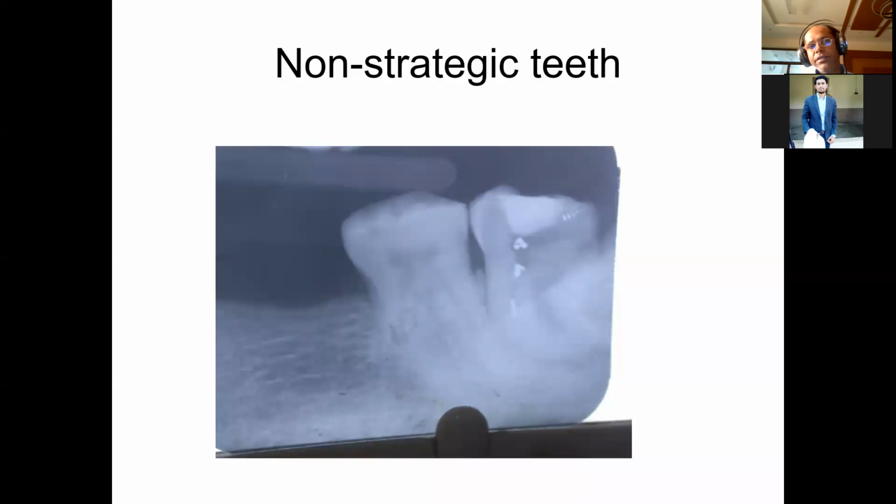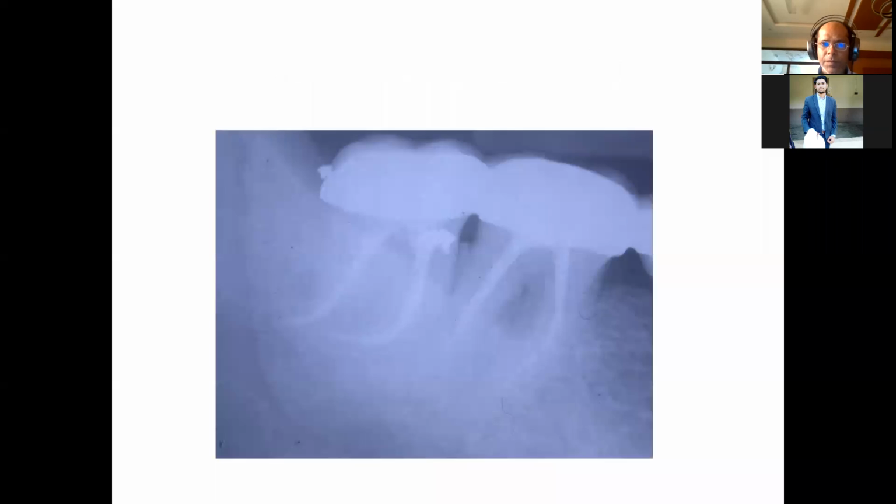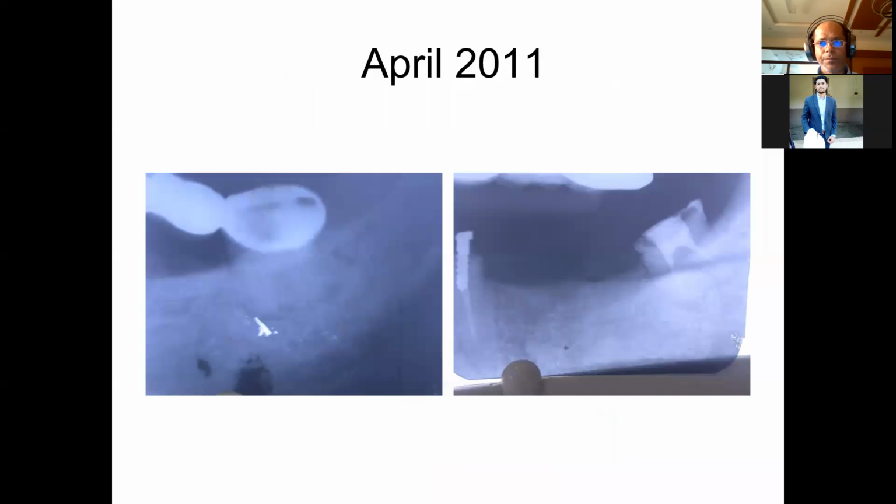So in these cases, sometimes we need to save the third molars by doing root canal treatment. Otherwise, it is difficult to get to the root canal of these third molars because of accessibility. Sometimes they are not fully erupted, and sometimes because of their anatomical position the roots are fused or dilacerated, which makes root canal treatment difficult, but we can do it in some cases.